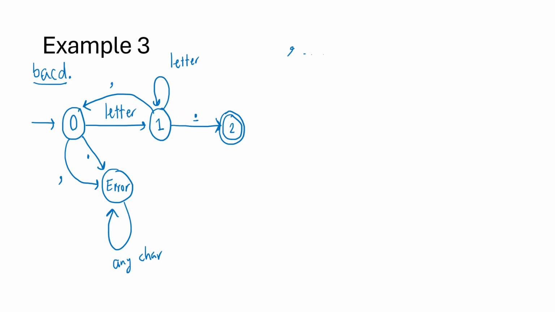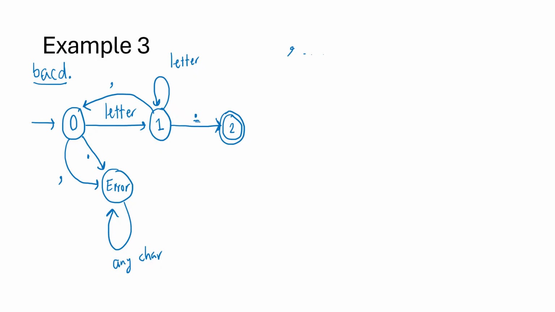And finally, if we are at state number 2, which means that we have seen a combination of letters, maybe followed by a comma and more combinations of letters, and this can happen once or multiple times, and then followed by a period, and we got to the accepting state. Now, if you read the description of the machine, nothing should follow the period.